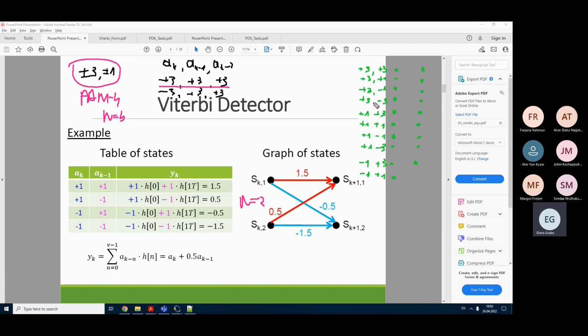These are two symbols following each other, so I separate them by comma, for example. And minus 1, minus 1, minus 1, minus 3, and minus 3 plus 3, minus 3 plus 1, minus 3 minus 1, minus 3 minus 3.